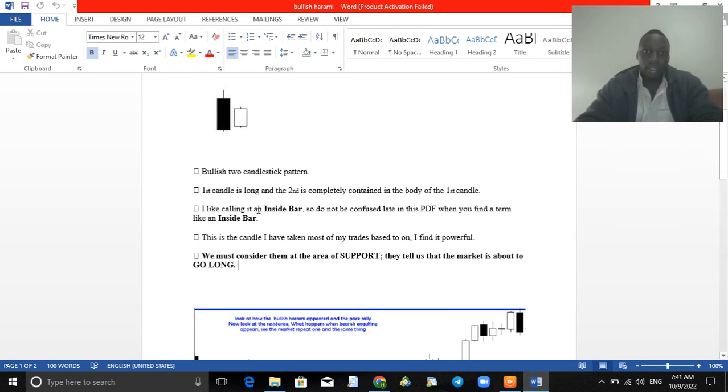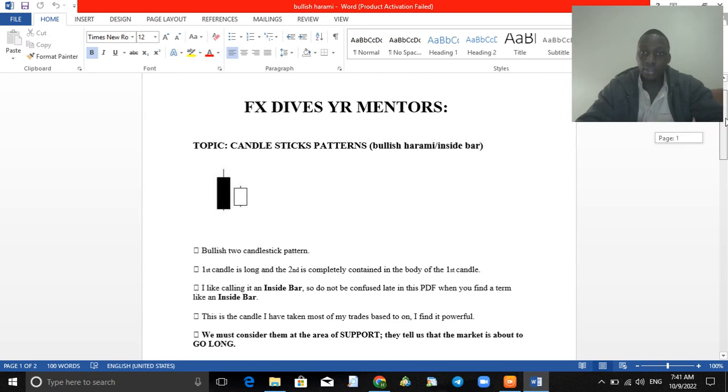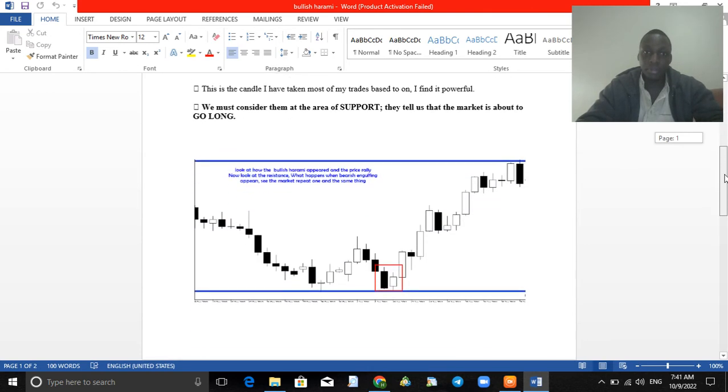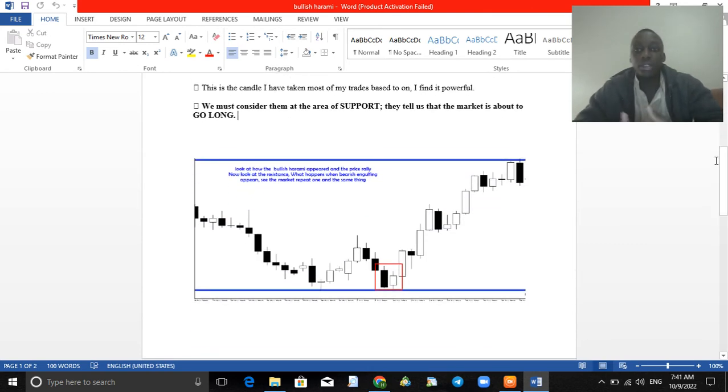Now I like calling it an inside bar, so do not be confused later in this PDF when you find a term like inside bar. Inside bar is the same as a bullish Harami. So we try to break down these names for you to clearly understand and not forget.